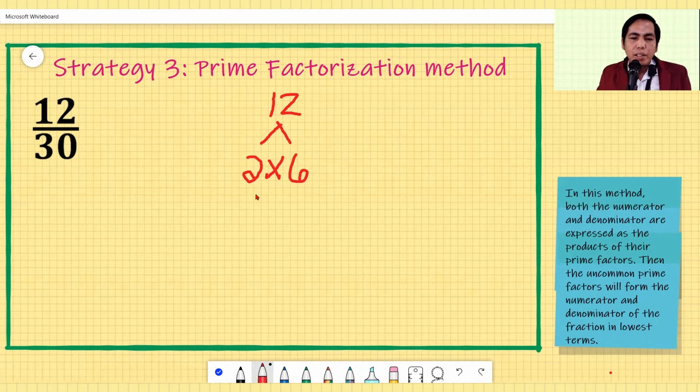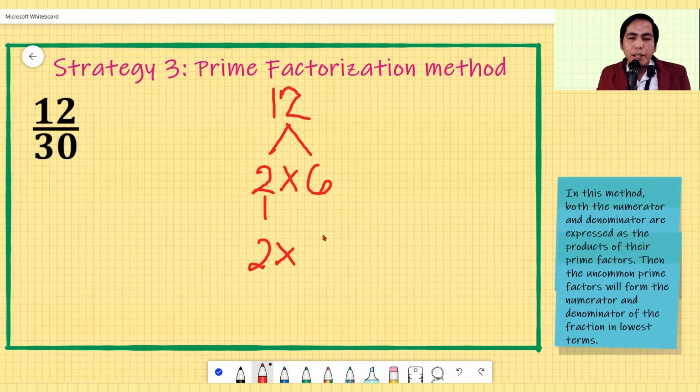Next, since 2 is already a prime number, we'll just bring it down. And then the 6 is not yet a prime number, and we can use 2 times 3. So 2 times 3. So all of the numbers now are prime numbers. So therefore, the prime factorization of 12 is 2 times 2 times 3.